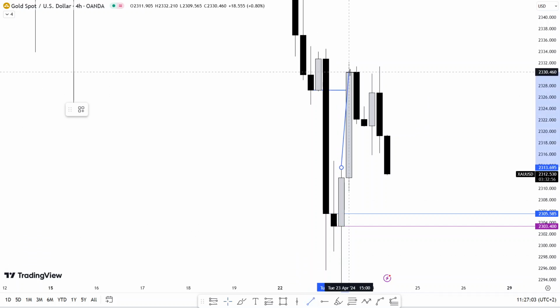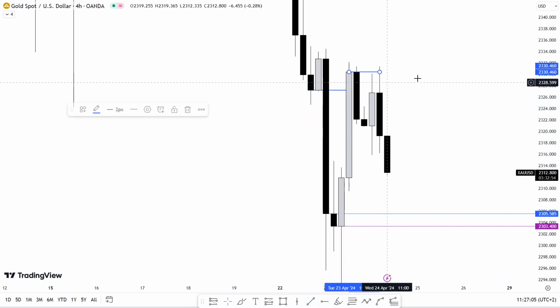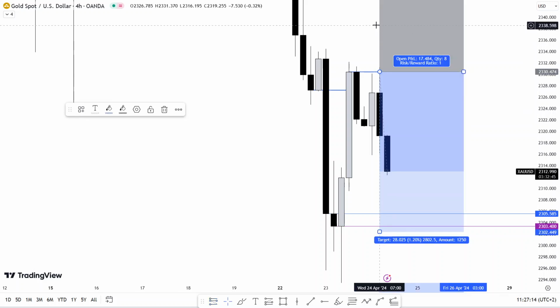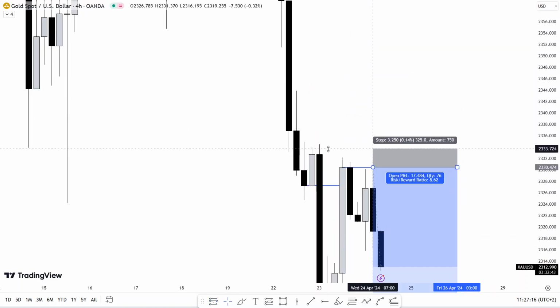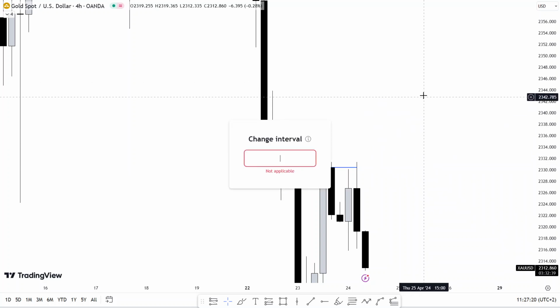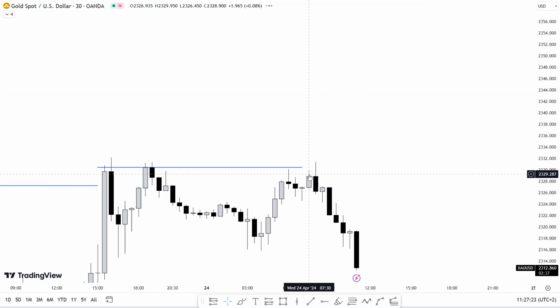So this area was supposed to be our area of resistance, right? Our area where we should have sold, but I wasn't too confident. I think I was late to the trade.